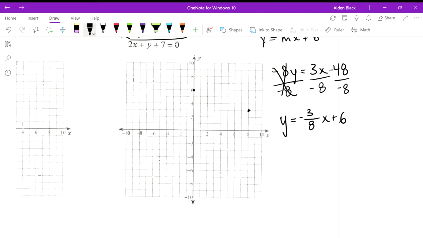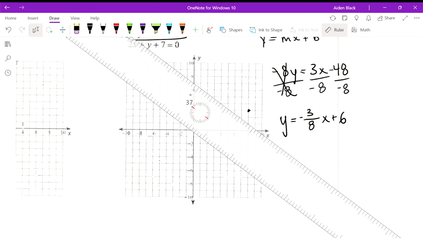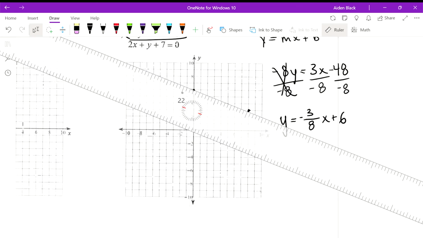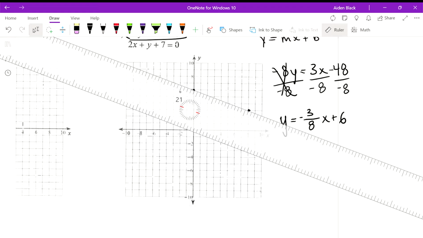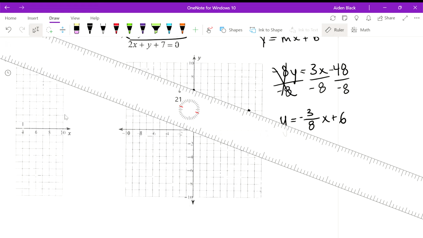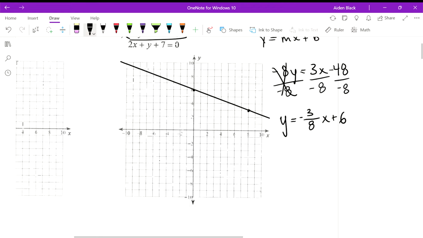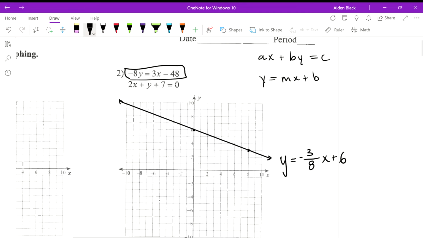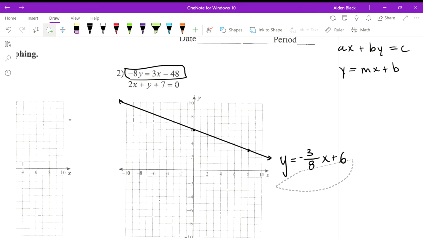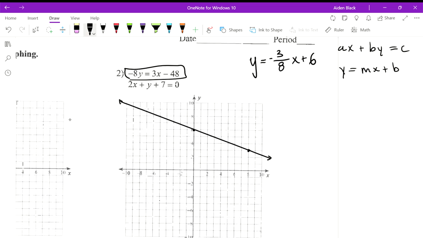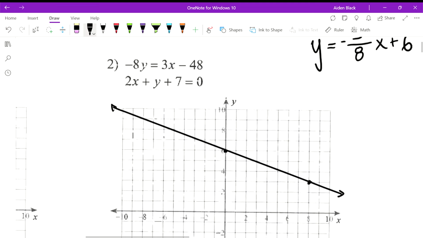So here's that point, and when I have this straight edge, and I actually use it, get as clean of a line as I can. This will help in getting the solution to this system, because I'll know exactly where the intersections are.